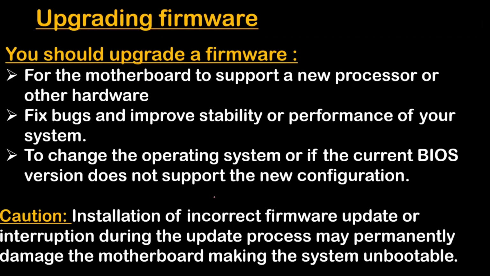Fix bugs and improve stability or performance of your system. If your system has any type of bug, or if you want to improve the stability or the performance, at that time you can also upgrade the firmware. From time to time you have to check over the internet whether any new driver is available for the BIOS for your model, and if it is available, you can upgrade that.